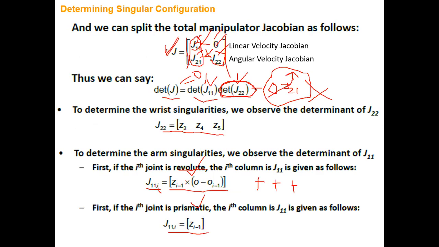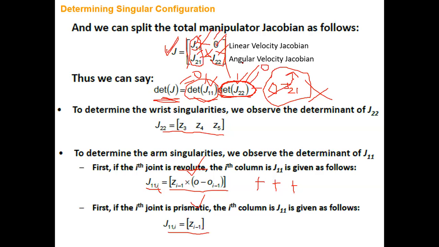If you want to find the wrist singularity, you set it to 0. If you want to find the arm singularity, you set it to 0. If you want to find the singularity for the entire system, then you set the full determinant to 0. Now, what I'm asking is to find the wrist singularity. It means this J22 should be 0. What is J22?